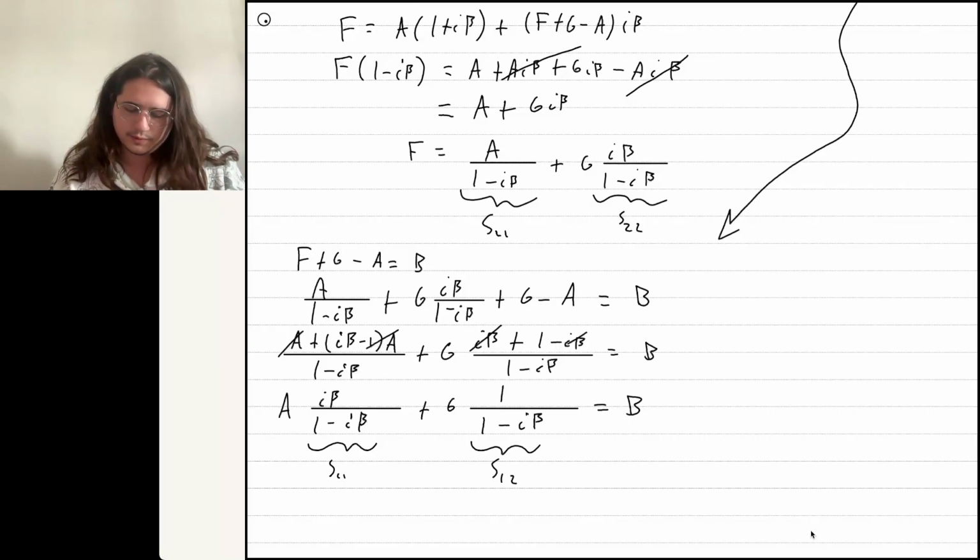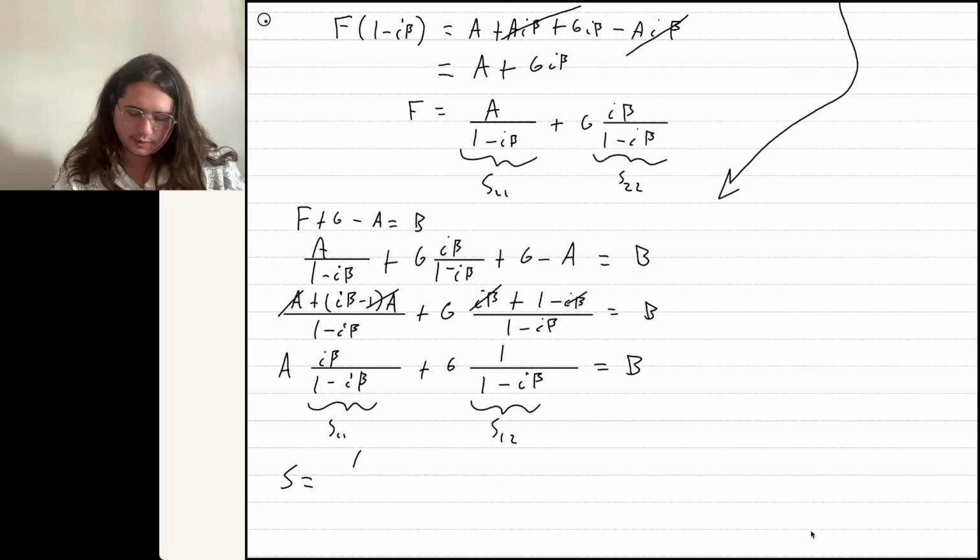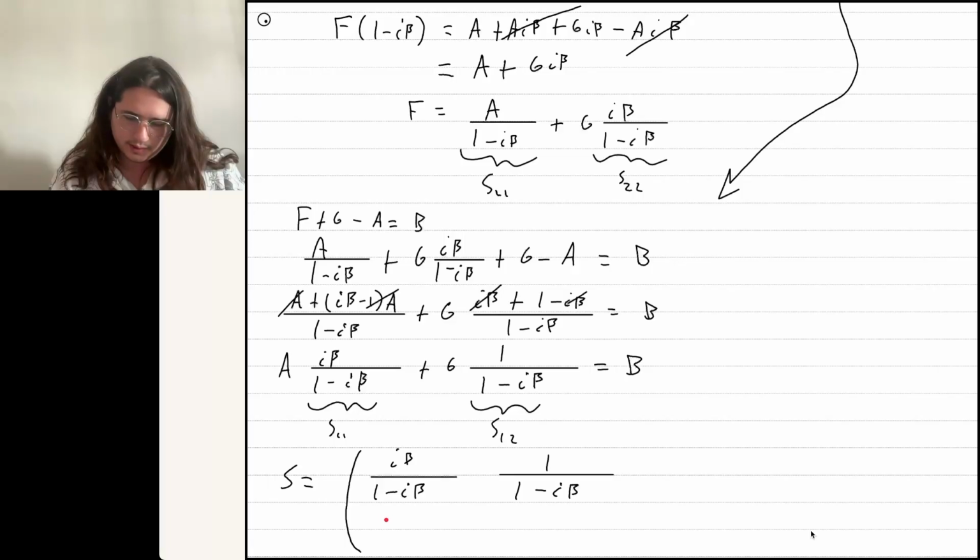So that's going to take care of now S11 and S12, which means now we can finally write the S matrix, just putting in the values that we got into a big old matrix. S11 was iβ over 1 minus iβ. S12 was 1 over 1 minus iβ. S21 was just, where did that go?